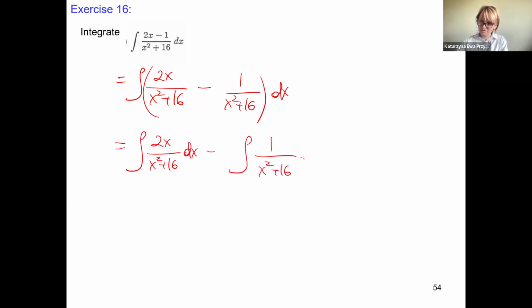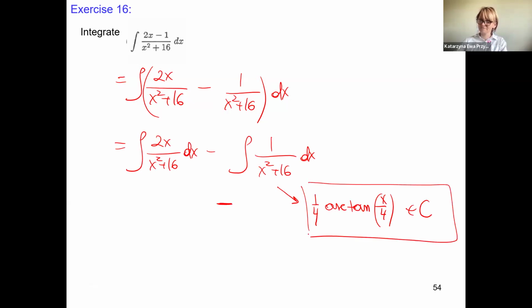I will just split. Okay, that means this integral is arctangent because it's a constant on the top. X is affected by 1/4 and the function is affected. Okay, minus, we have that part. And we will, of course, subtract.